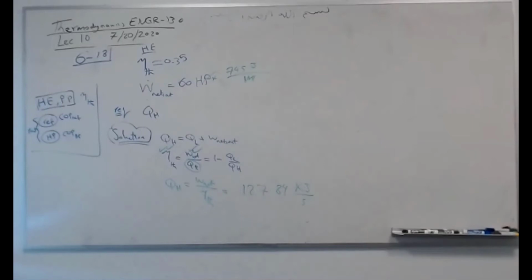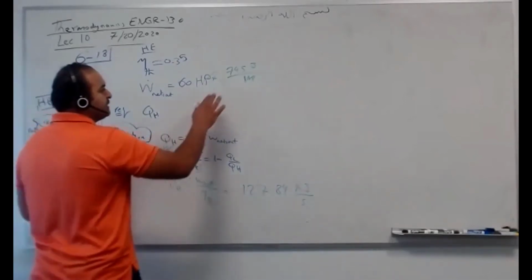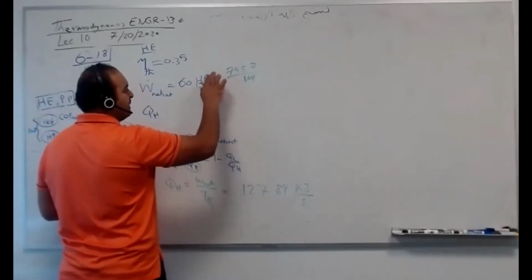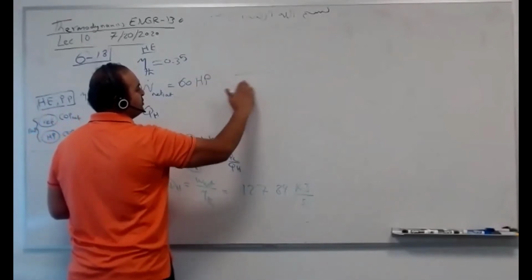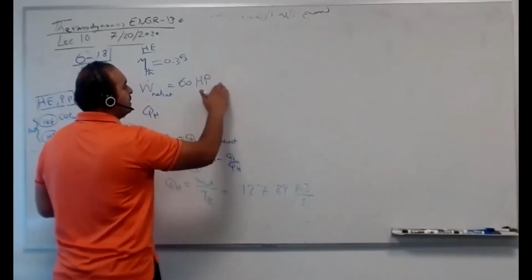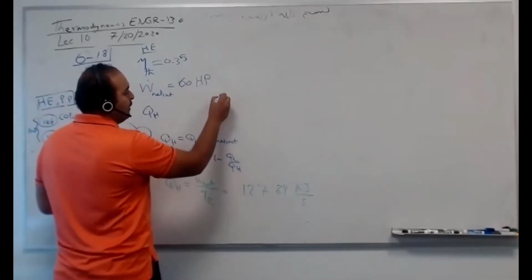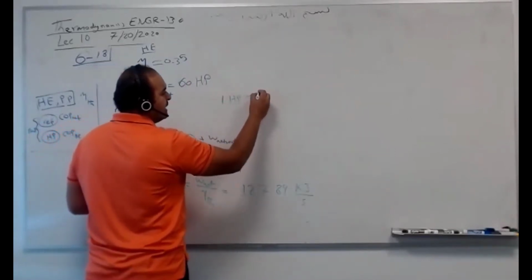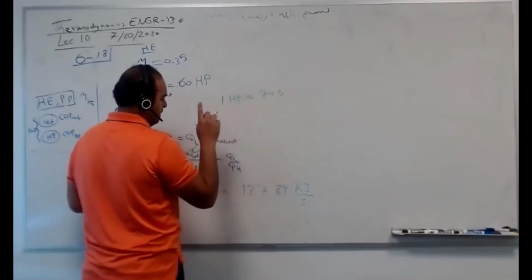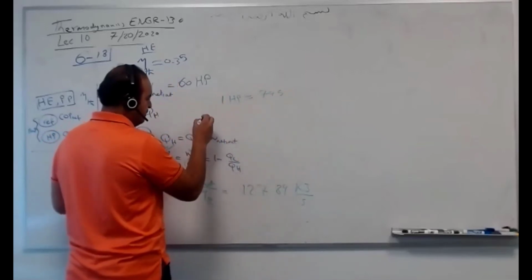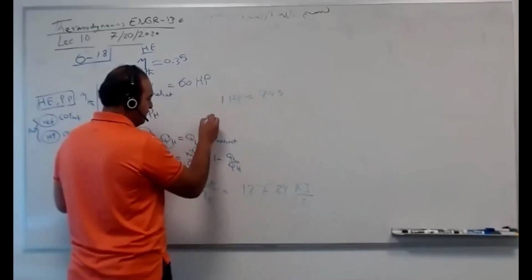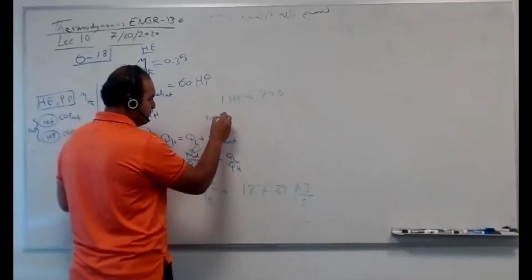Okay, guys? Professor, what's that value right next to the 60 horsepower? You said that's the conversion, right? Yeah, if you want to convert it back to joule, multiply by this number. If you want to keep it in horsepower, it's okay, as long as I did not ask for changing units. But if I ask you to convert, 1 horsepower equals 0.74-something.